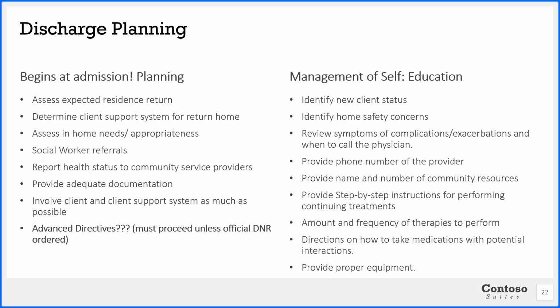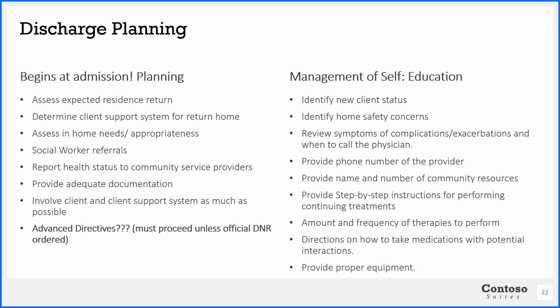Perfect. So he can go back home. Okay. Determine the client support system for return to home. So his wife lives with him, and he also has a couple daughters that will come to help. And he also has insurance that allows him to get those assistive personnel if there's a need.